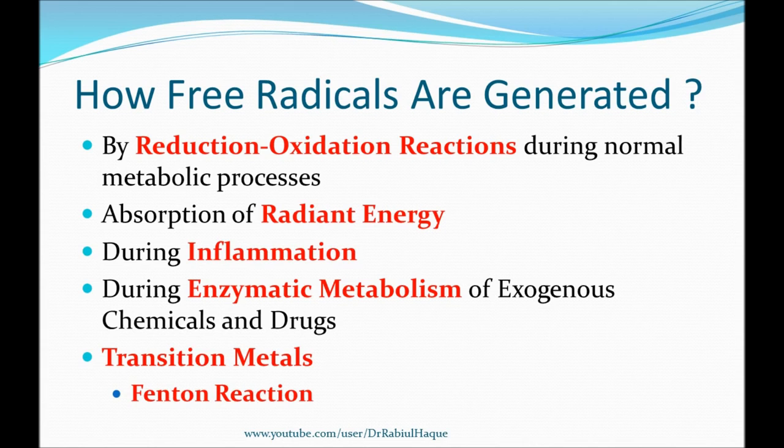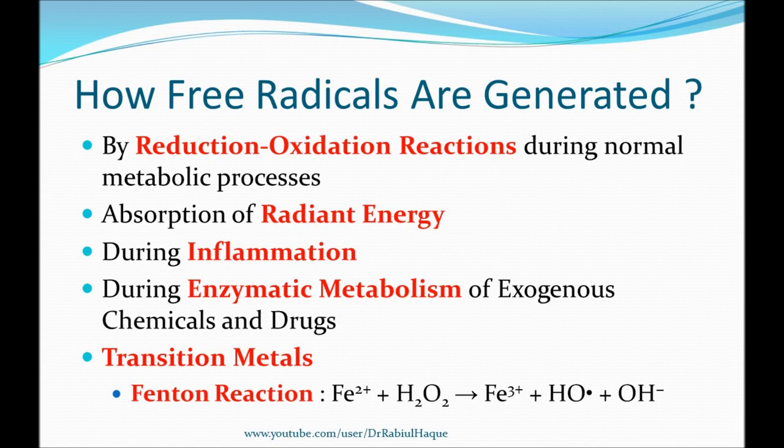As you can see, in the Fenton reaction hydrogen peroxide reacts with the ferrous form of iron and produces the ferric form of iron and a hydroxyl free radical. Also remember, this Fenton reaction is enhanced by the presence of superoxide.